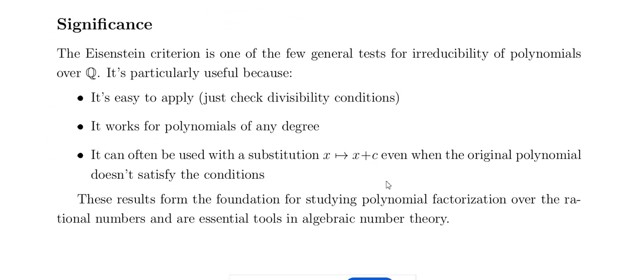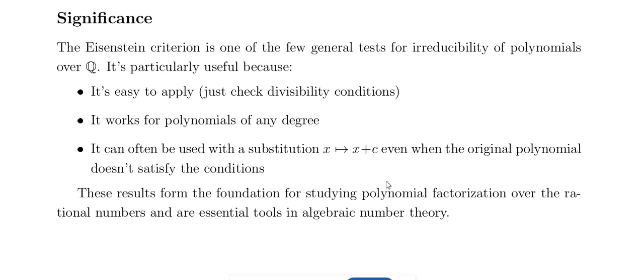And the criterion is one of the few general tests of irreducibility of a polynomial over Q. It is particularly useful because it is easy to apply and works for polynomials of any degree. It is often used with the substitution x goes to x plus c, even when the original polynomial doesn't satisfy the condition.